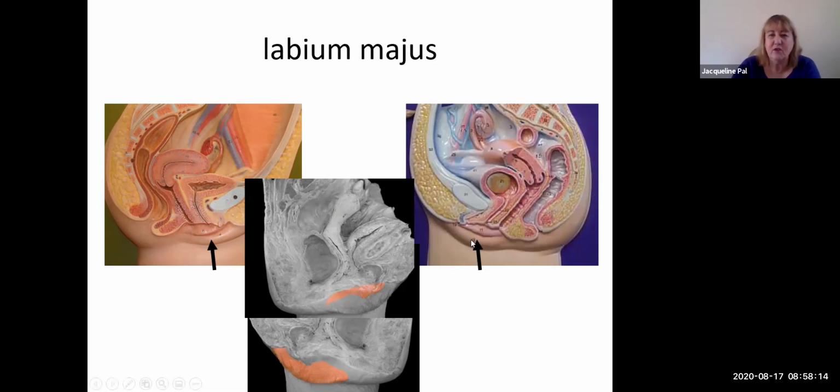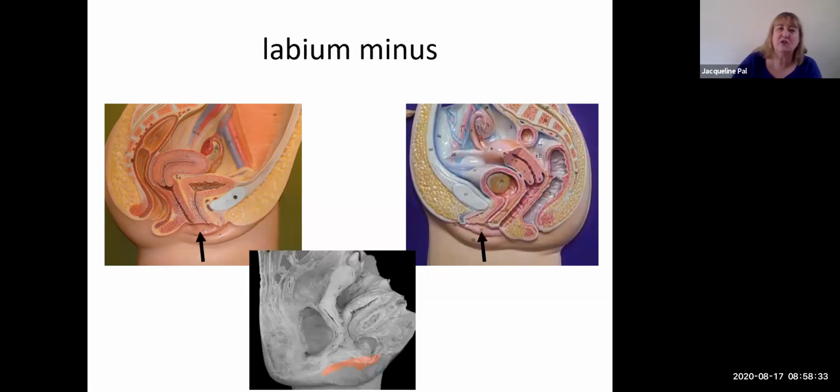Speaking of the labium majus, it basically is also hair-bearing and contains adipose tissue underneath the skin, just like the mons pubis did. But medial to the labium majus are the two labia minora, each known as a labium minus.